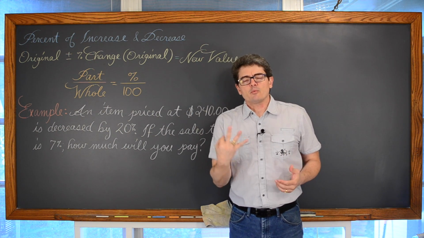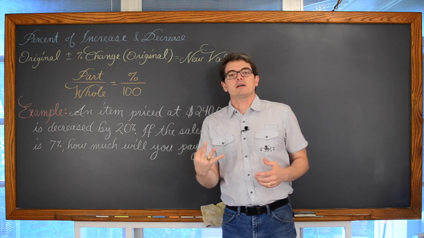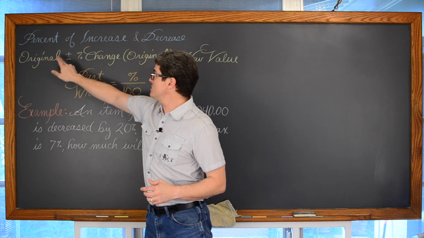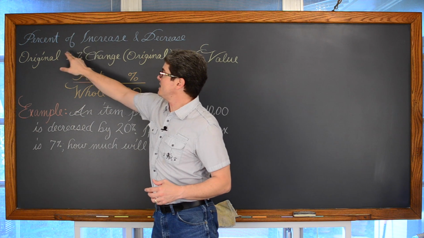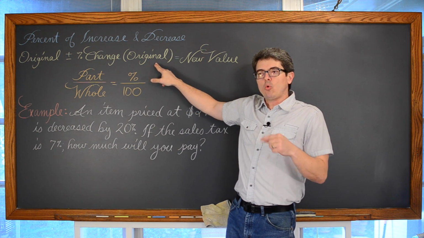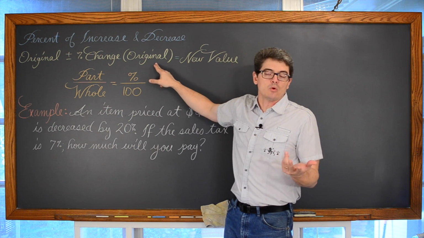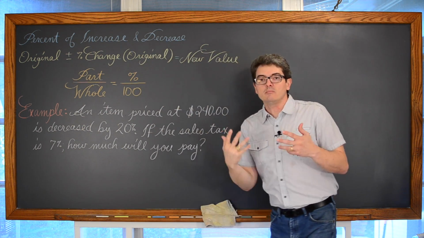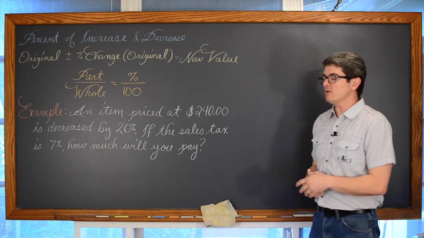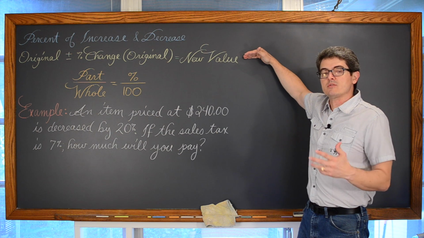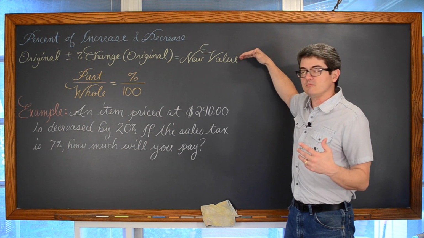If I bought something for $3 and the sales tax in my area is 7%, then that $3 item is going to have 7% of that original $3 added to it. So 0.07 times 3 is 21 cents, and so $3 plus 21 cents would give my new total bill of $3.21.